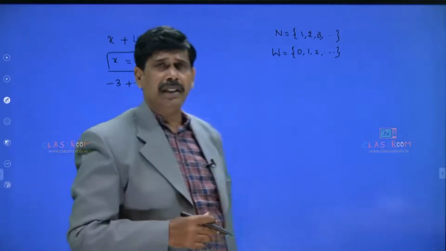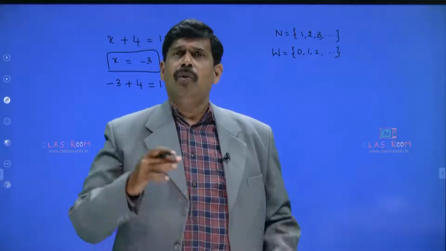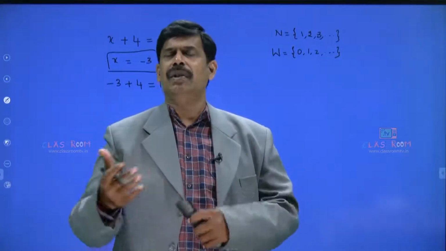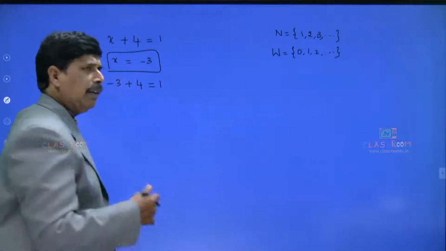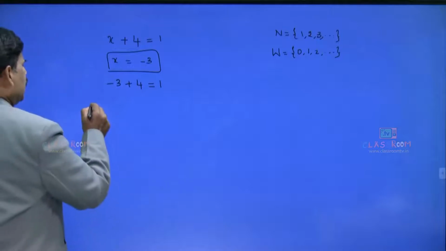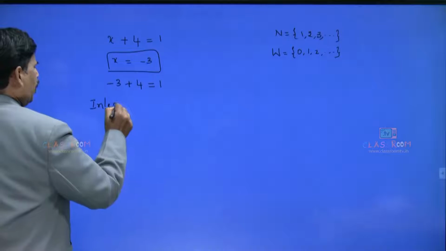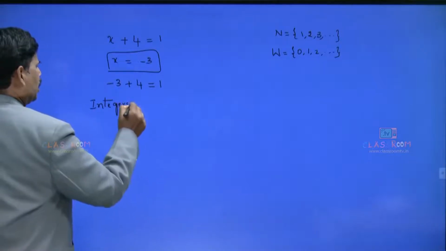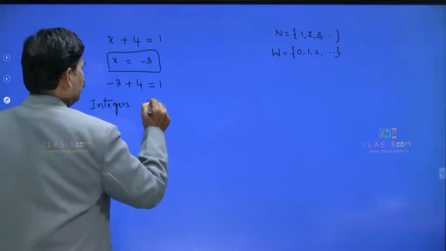So we need not only the positive numbers, not only 0, we also need the negative numbers. The set of negative numbers, 0 and positive numbers is called integers.